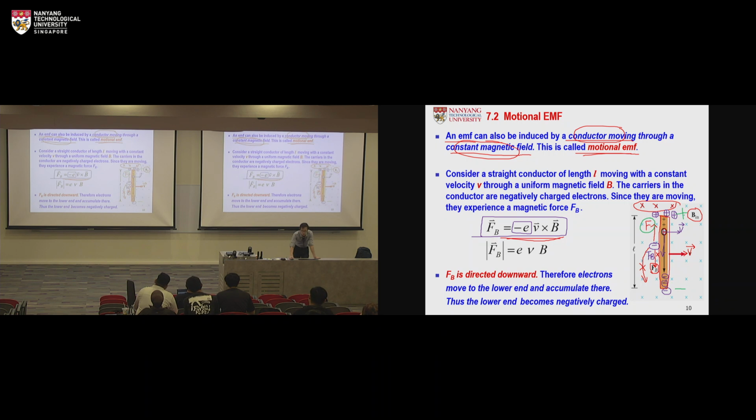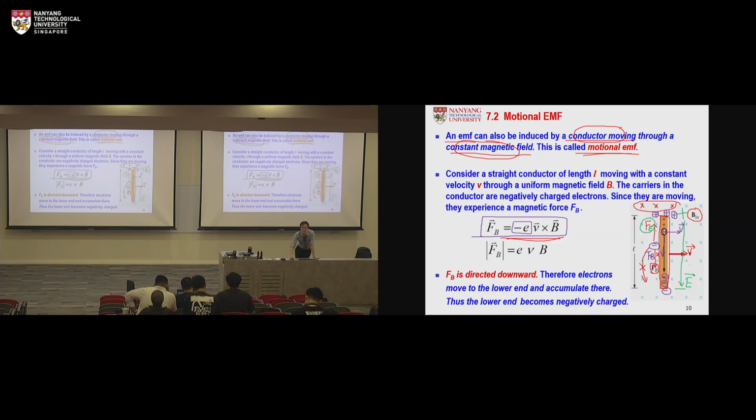When you have this kind of charge accumulation, you will build up a potential difference and also an electrical field E, right? And when you have this electrical field E pointing down, then the FE is going to point up, right?